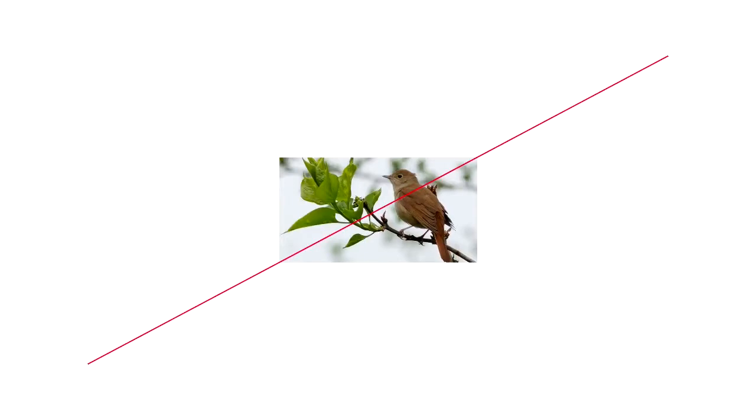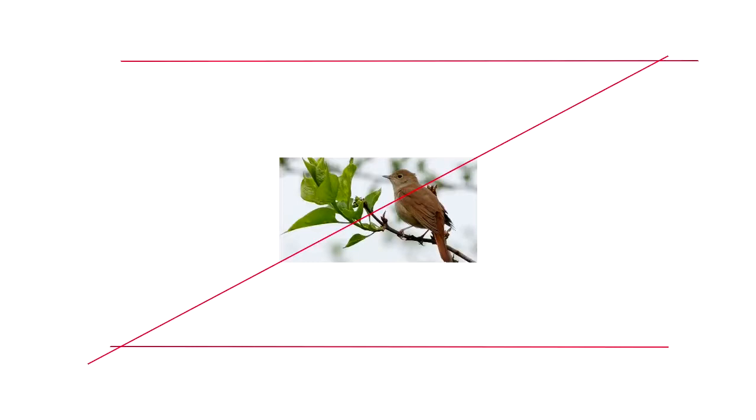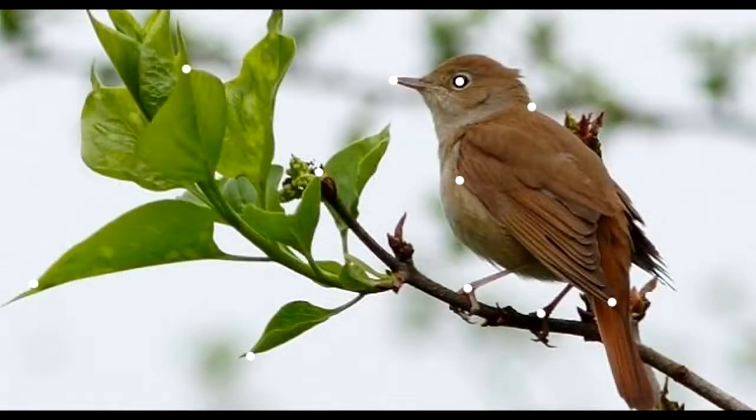Then you draw parallel lines anywhere, as long as it's parallel with the bottom of the image and the top of the image. Then you draw lines down where it crosses that line to the corners. Now that square that you've drawn is the exact same size in proportion to your image. Now on your image you just make dots, for example by the beak, by the eye, points that are going to be reference points when you enlarge.